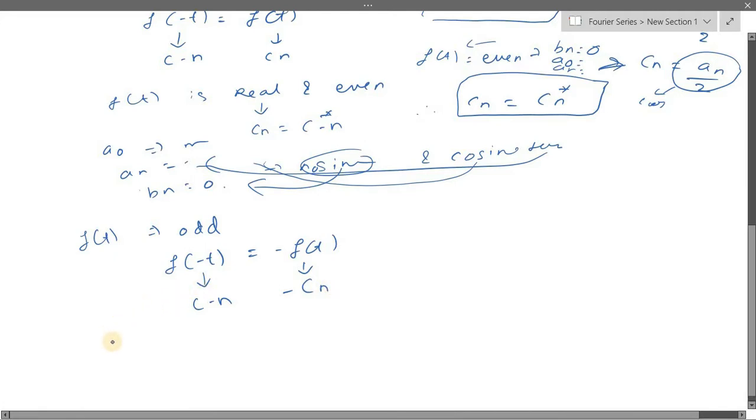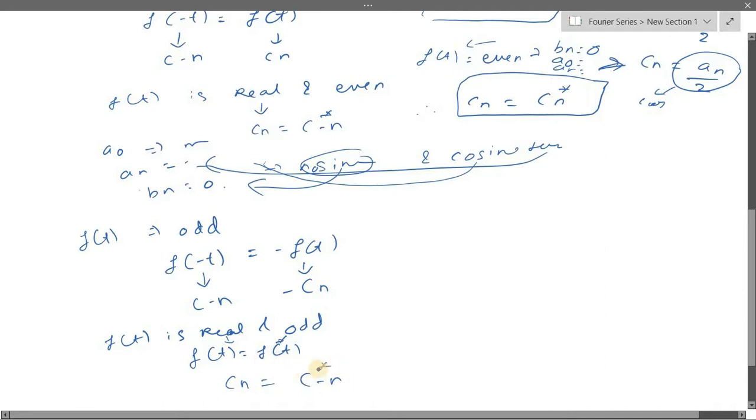Now when I say f of t is real and odd, it means that f of t is equal to the conjugate of f of t. Since your f of t is a real function, Cn will be equal to the conjugate of C of minus n.